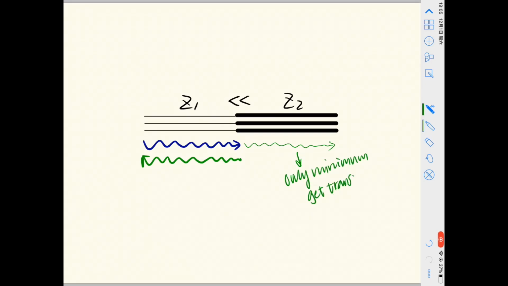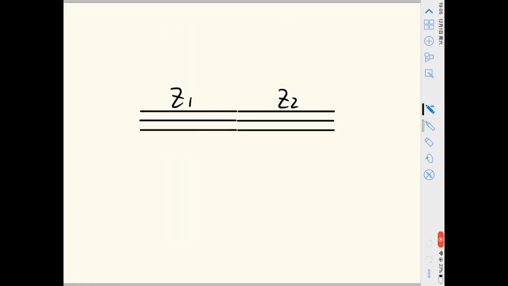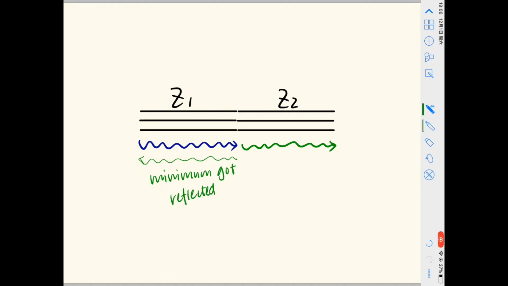On the other hand, since almost none of the signal is transmitted to the second cable, the transmission coefficient would be close to 0. Now what if the resistance of the 2 cables are equal? In this case, all of the electric signal traveling through the first cable is able to transmit through to the second, so T is equal to 1 and R is 0.